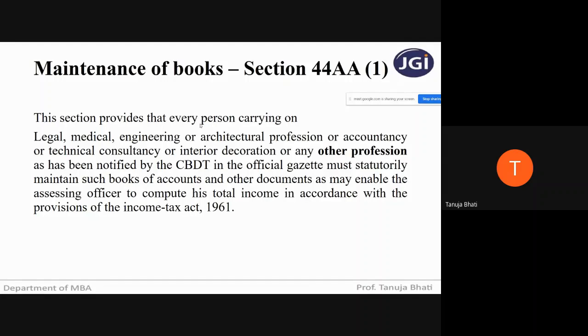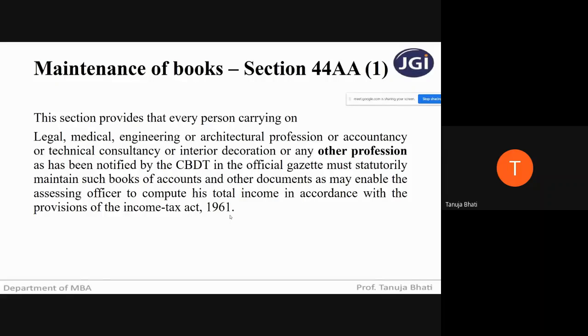Now this section provides that every person, you all know who all is covered under persons, carrying on legal, medical, engineering or architectural profession or accountancy or technical consultancy or interior design, decoration or any other profession which has been notified by the CBDT in the official gazette must statutorily maintain books of accounts and other documents which will enable the assessing officer to compute his total income in accordance with the provisions of the Income Tax Act 1961.